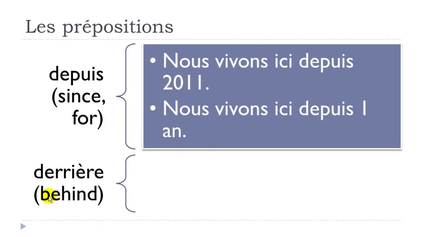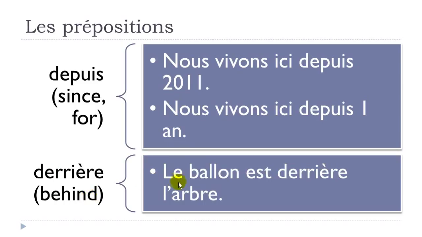Derrière means behind, okay? So, the example could be, le ballon est derrière l'arbre. Le ballon, the ball, est, is, derrière, behind, l'arbre, the tree. Okay? Un arbre, a tree. Le ballon est derrière l'arbre.